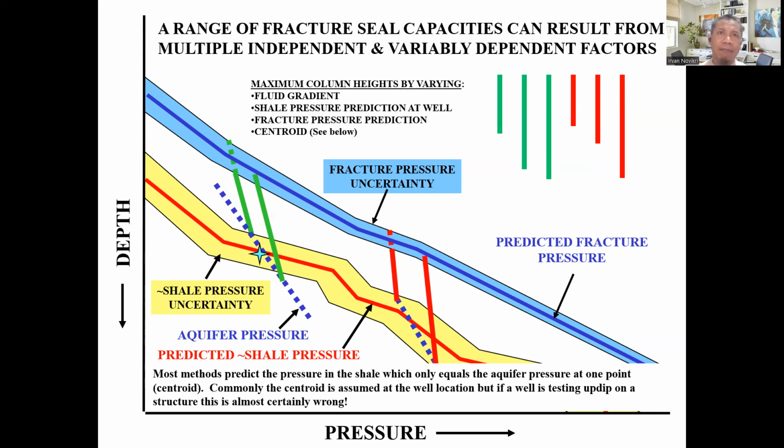The next pressure we call shale pressure uncertainty. Again, the lack of precise knowledge, or uncertainty, associated with the pressure in the shale formation. This uncertainty is due to various factors, almost similar to the previous one. The next pressure we call aquifer pressure, the pressure exerted by groundwater within an underground reservoir or aquifer.